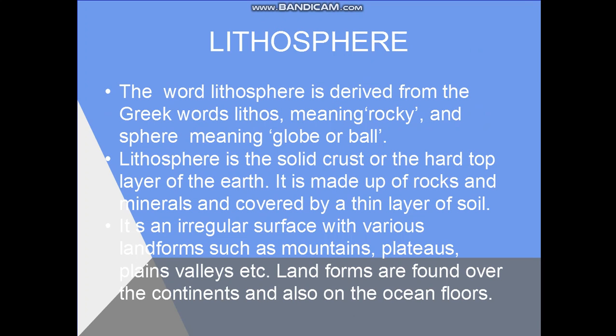It is made up of rocks and minerals and covered by a thin layer of soil. It is an irregular surface with various landforms such as mountains, plateaus, plains, valleys, etc. Landforms are found over the continents and also on the ocean floors.